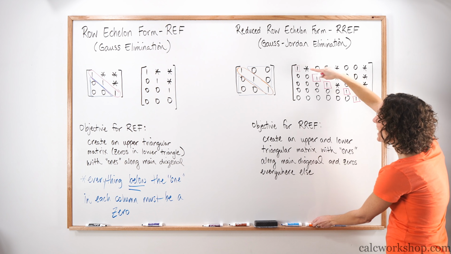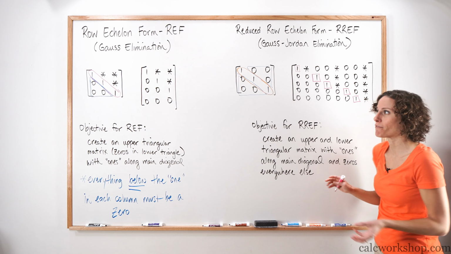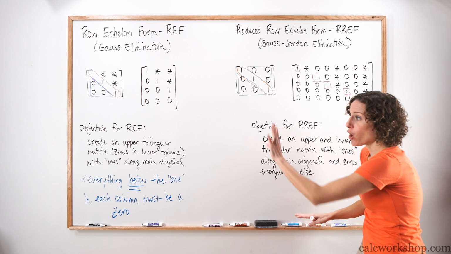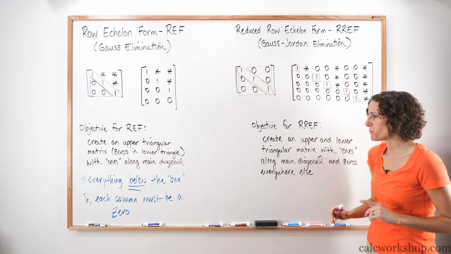So that is the idea behind reduced row echelon form, or RREF. So over there, in REF, everything below the 1 had to be 0. For our RREF, everything above and below must be a 0.